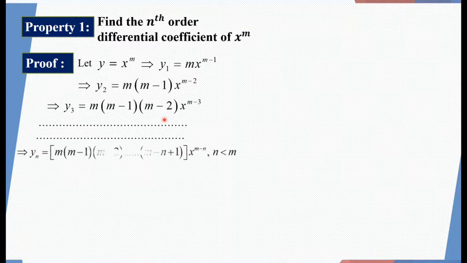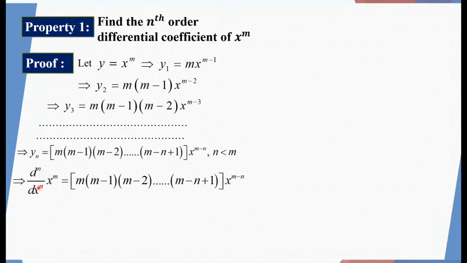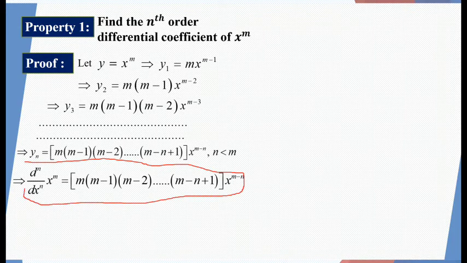So according to this symmetry, we can write yn equals m into m minus 1, m minus 2, up to m minus n plus 1, x raised to power m minus n, when n is less than m. That is, the nth derivative of x raised to power m is m into m minus 1, m minus 2, up to m minus n plus 1, x raised to power m minus n. So this is the basic property, or the formula, for successive differentiation.